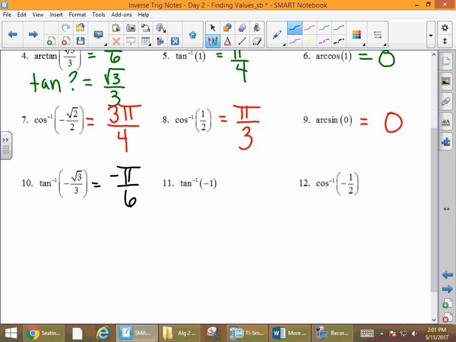So, same thing on problem number 11. The inverse tangent of negative 1, because 1 is negative, we're going to be in quadrant 4. And what's our angle value in quadrant 4? It's going to be negative pi over 4.